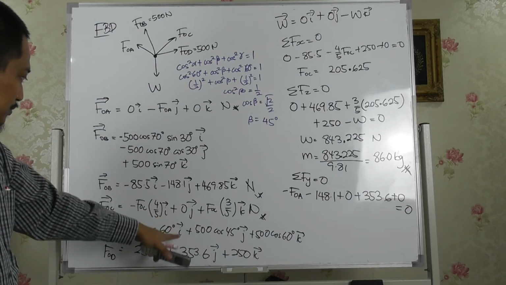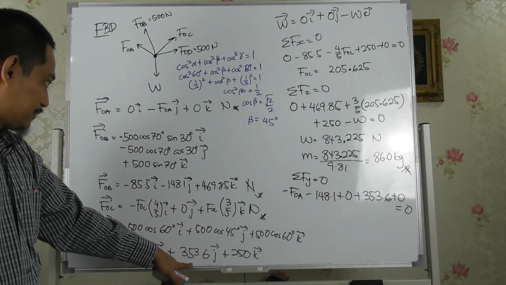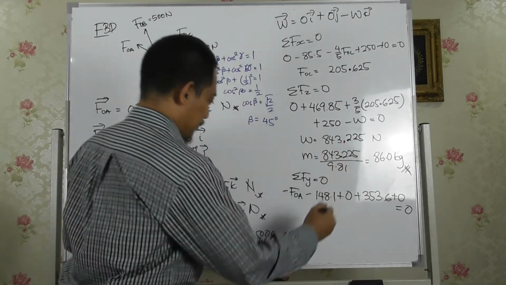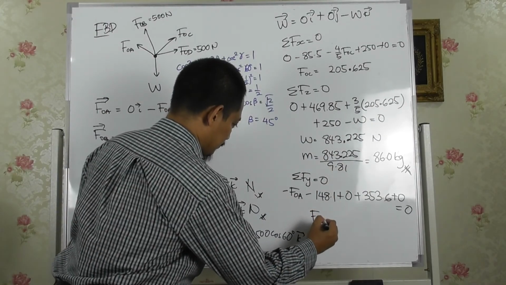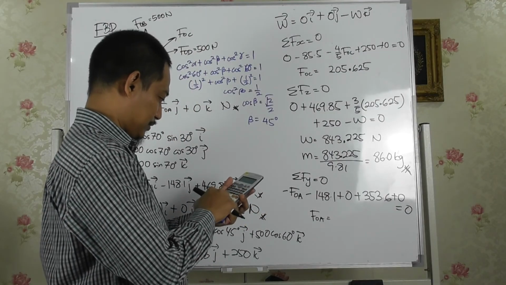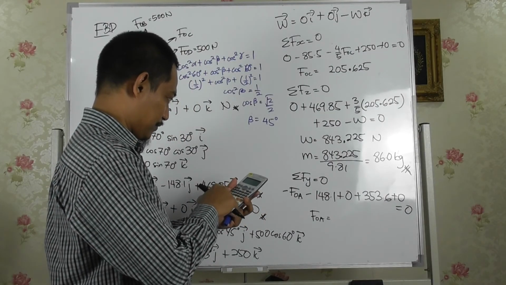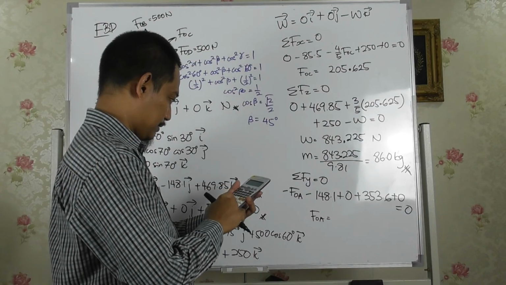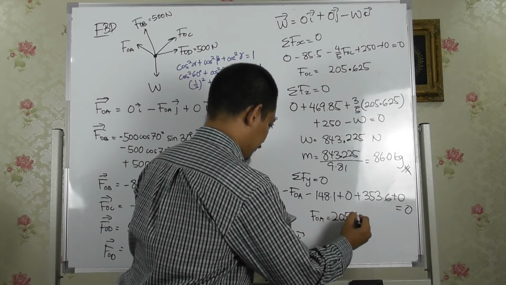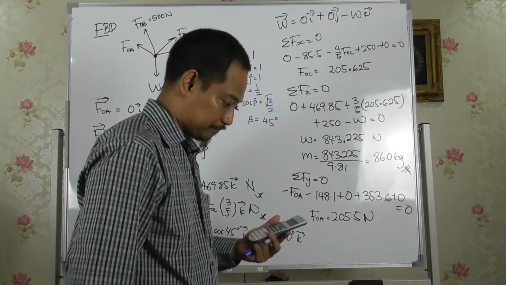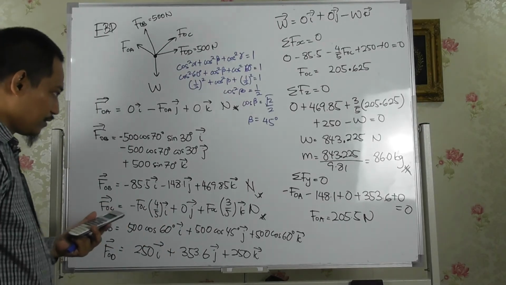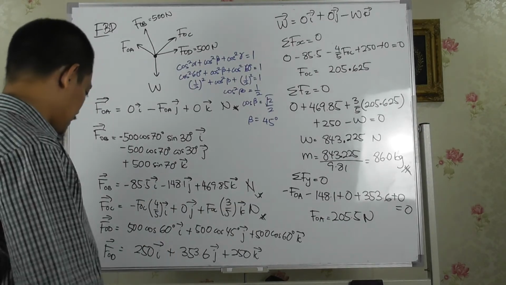So meaning that FOA, we bring on that side, it will give you 353.6 minus 148.1. You get 205.5 Newton. Verify the number as usual.